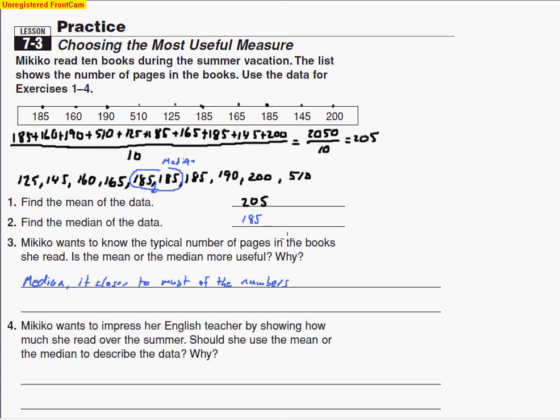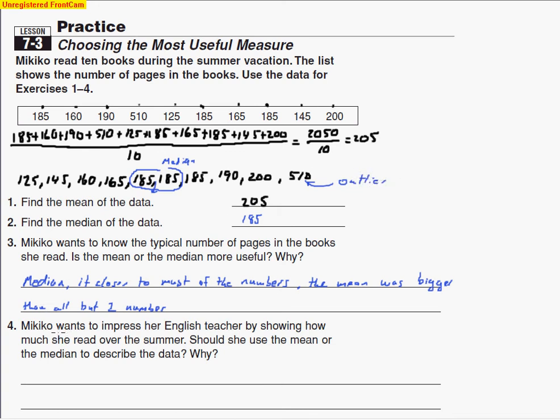And the mean, we'll say, was bigger or greater than all but one number. And so why do you think the mean was bigger than all but one number? What made that so big? Because typically the mean's the better one to go with. Well, it was this number right here, this 510. This is called an outlier. And so that outlier made it so the mean was skewed a bit.